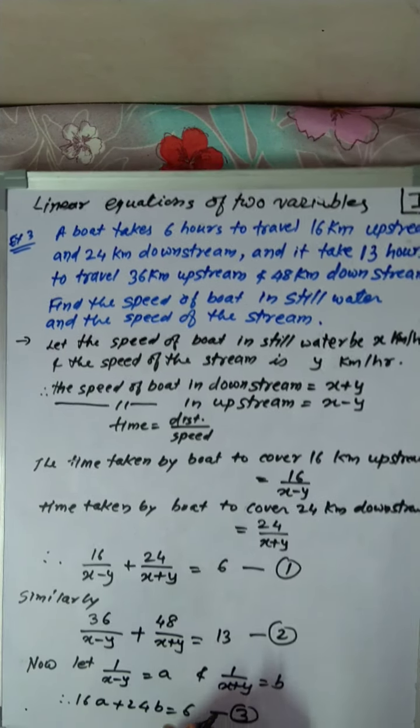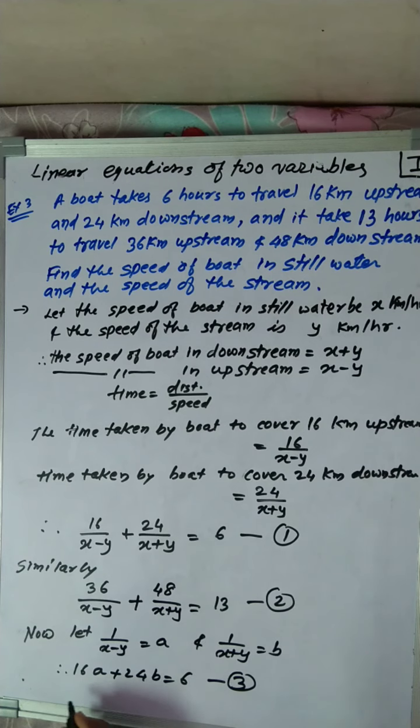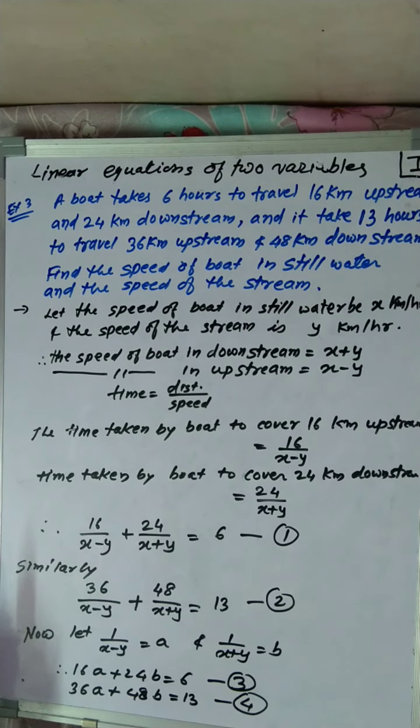And the second equation becomes 36a plus 48b is equal to 13. That is equation number 4. We solve these equations, find the values of a and b, and then substitute these values to get the values of x and y.